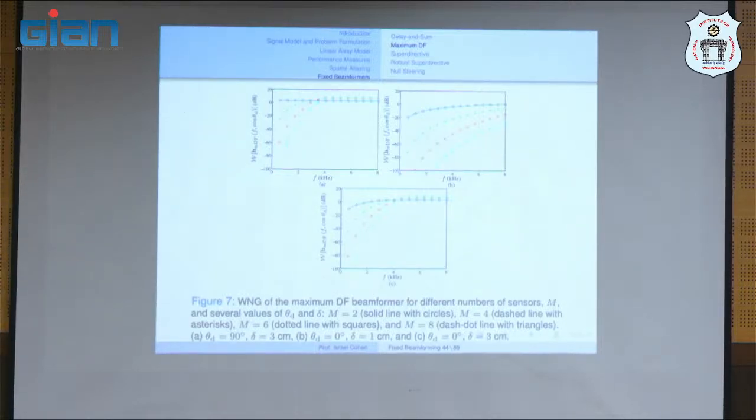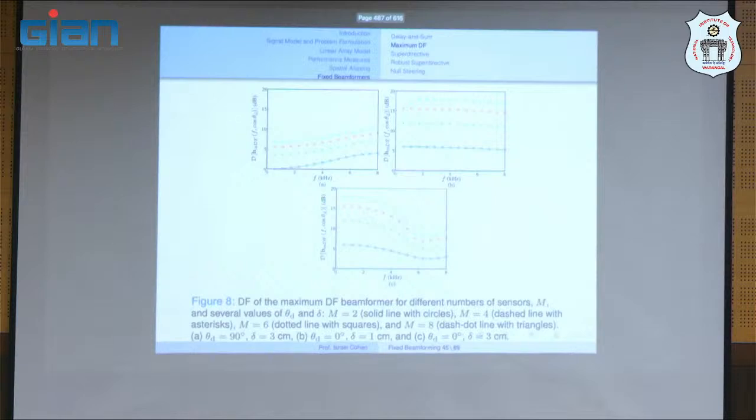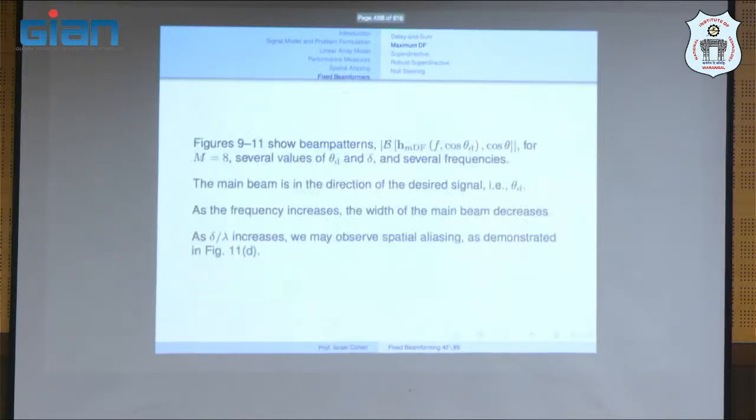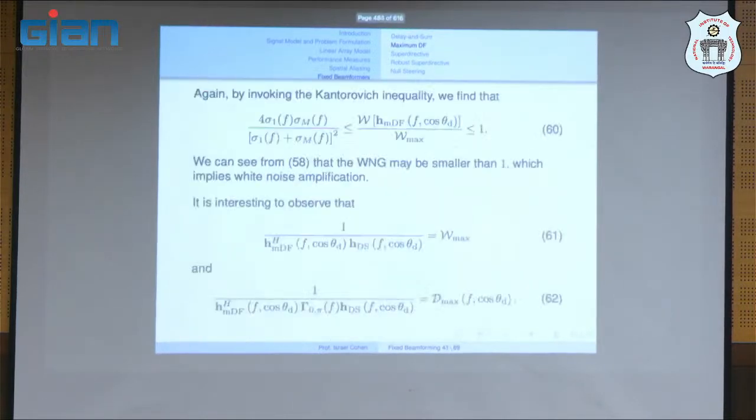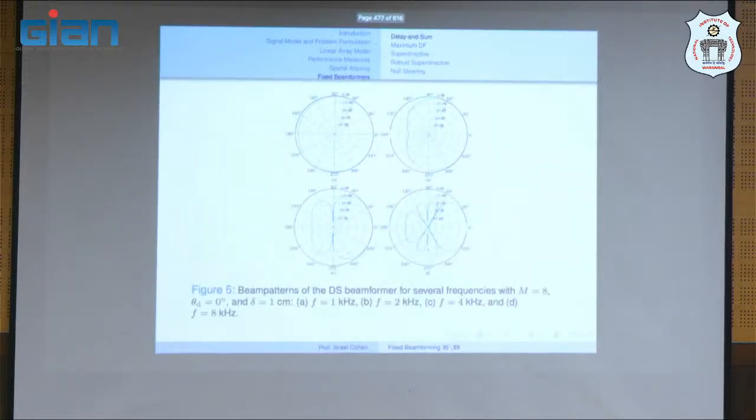this is a good comparison. Suppose that we try to maximize the white noise gain, which means that we compute the Delay-and-Sum beamformer. What happens to the directivity factor? I will go back to the other example, example number 1.